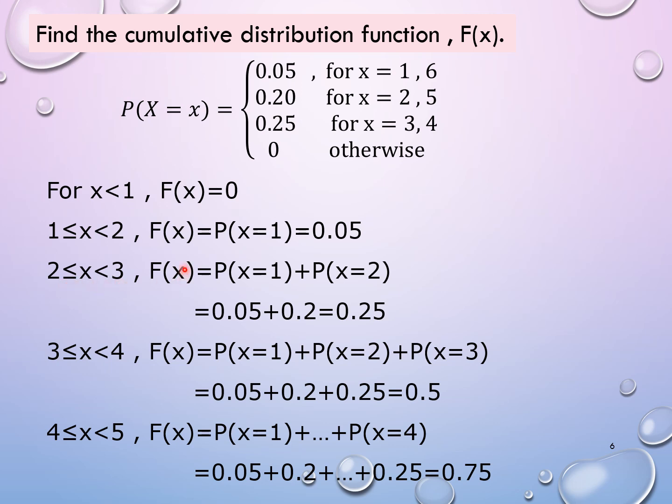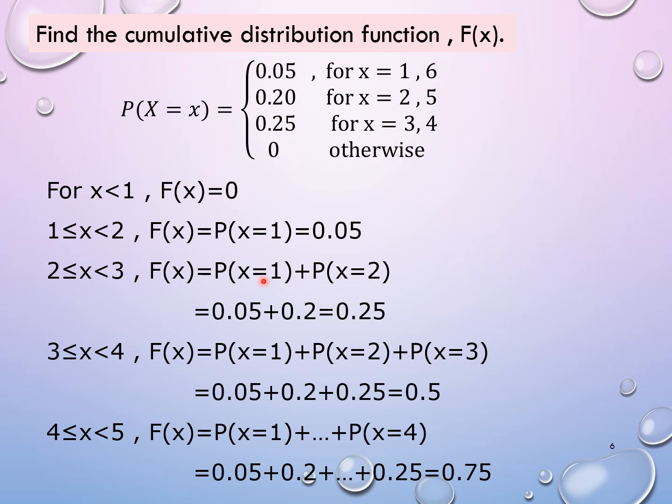Since it is cumulative, we have to sum up the numbers previously. The previous number of 2 is 1. That's why we include the probability of x equal to 1 plus the probability of x equal to 2.